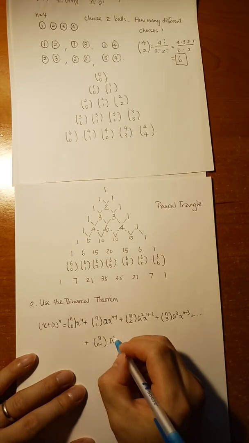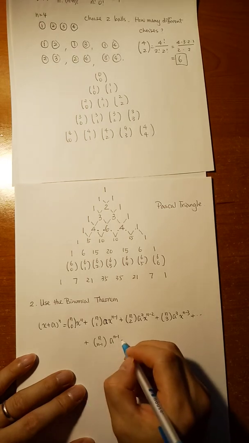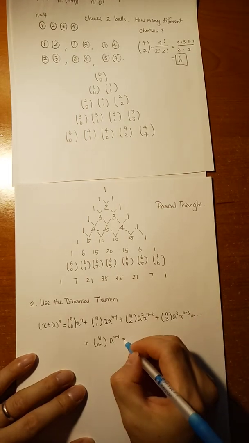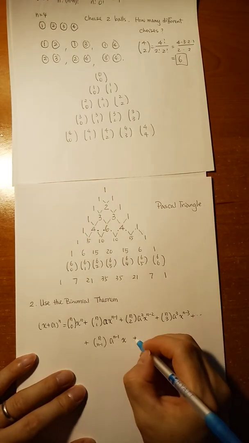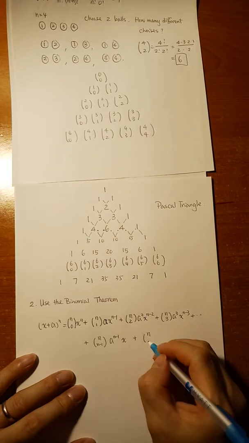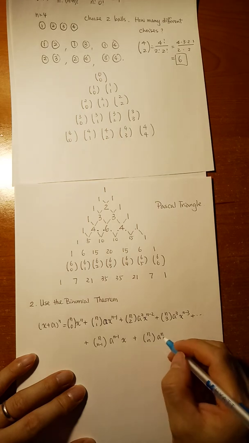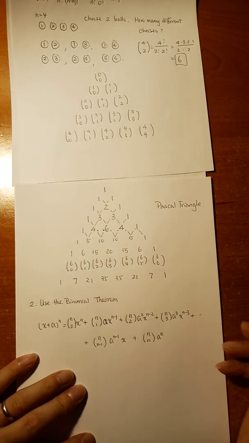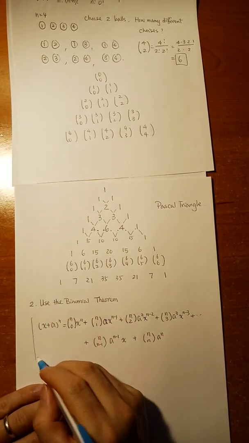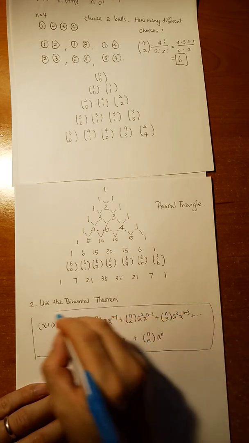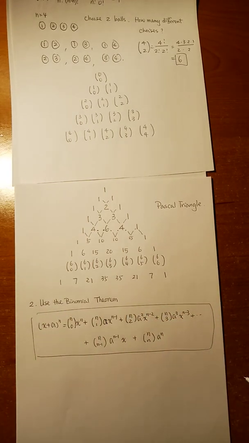Then here you have a to n minus 1. Then x, you only have 1. And the next n choose n, you will have a to n, but without x. All x disappear. And this is called the binomial theorem.